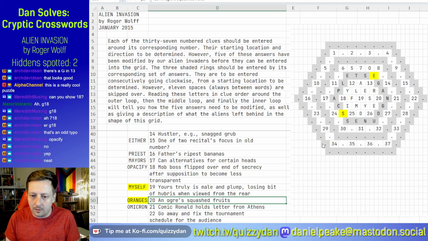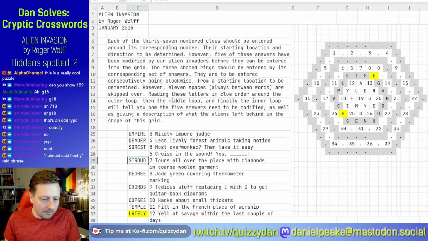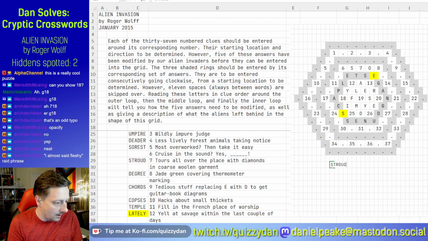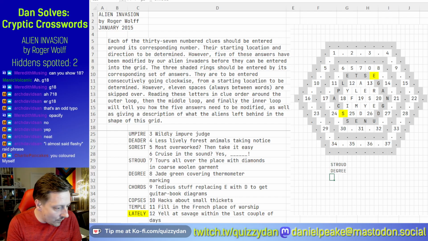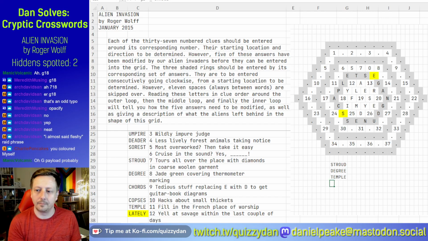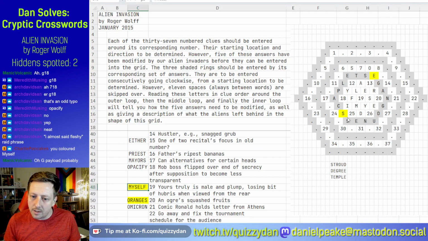And now we can look at... So 6 we don't know, but I'll get you to tell me what that is in a minute. Stroud, degree, 11 temple, but it's in there.